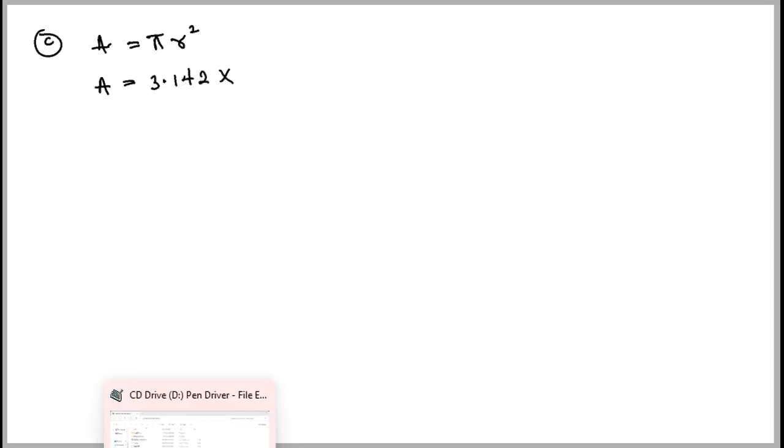So ask yourself, what is the area of a circle? The area of a circle, as we know, is just equal to pi r squared. This is the area of the base, since the base is a circle. So my pi, we are asked to take as 3.142, times what is the radius of the cone?